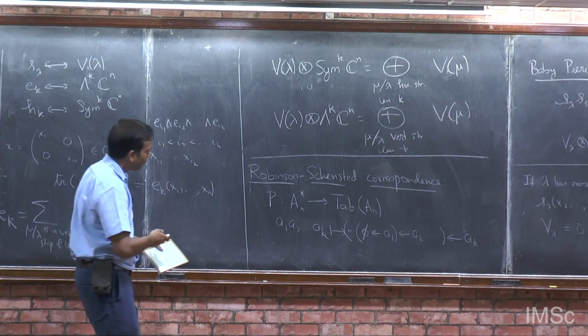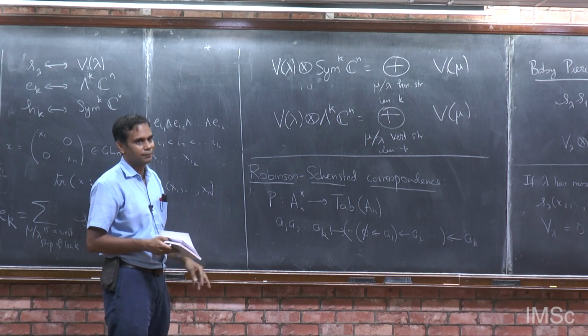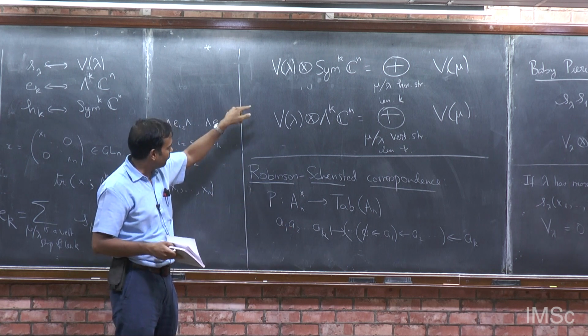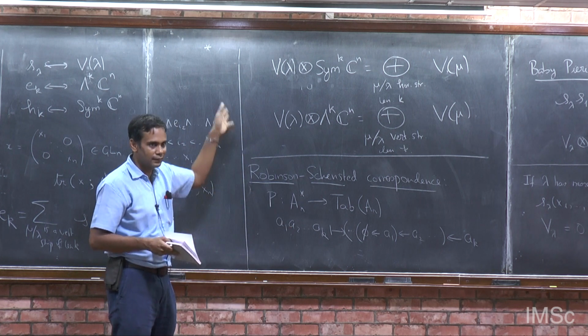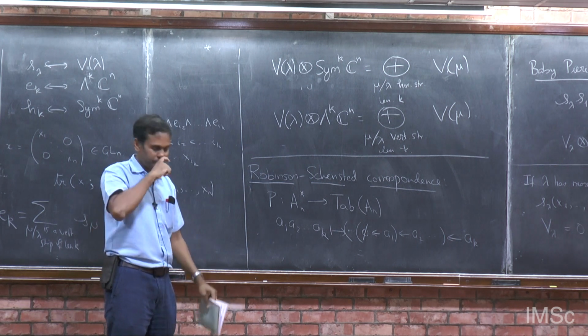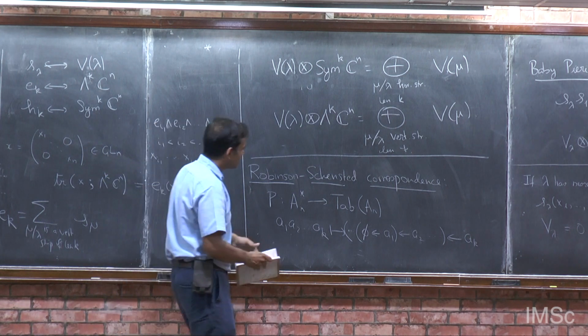And if you do it with a column also, you will get the same thing if you do column insertion. But if you do this with a column and do row insertion, then you will get a_k down to a1. So, you will get the reverse word in fact.